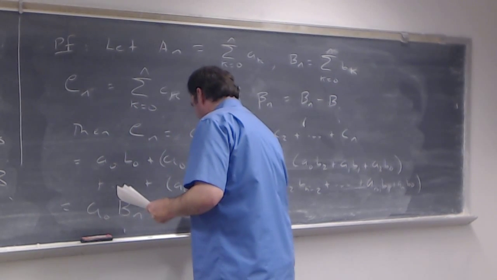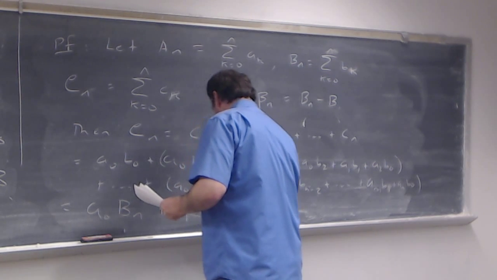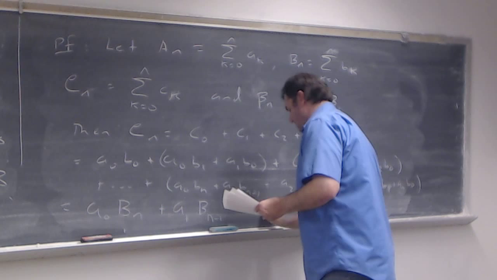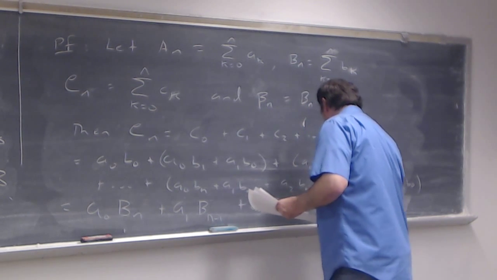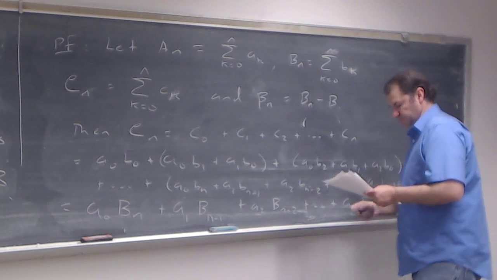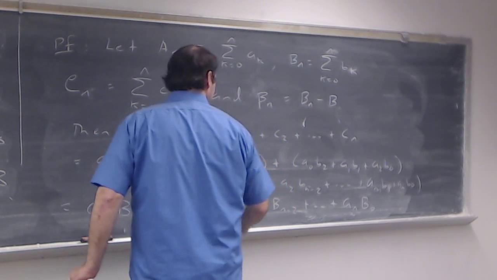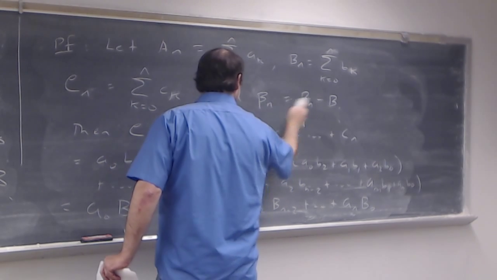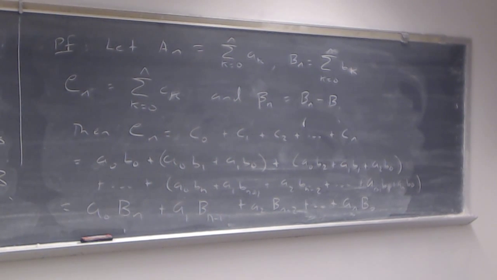Plus, and do something similar, a sub 1 times big B sub n minus 1, plus a sub 2 times big B sub n minus 2, and you keep going, all the way up to a sub n b sub 0. And then by what we've written here about the b sub n, that could be beta sub n plus b, and that's what I'm going to stick in to replace the big B, from what we've just written.